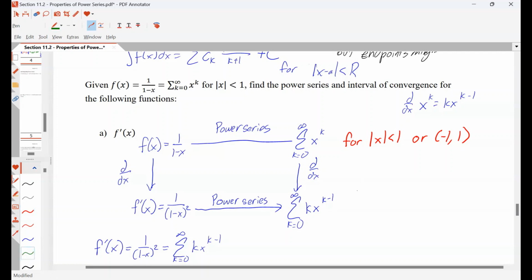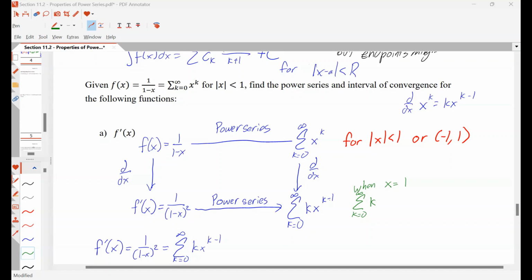When x equals 1, we have the series k equals 0 to infinity of k, and x to the k minus 1 is ultimately still 1. 1 squared is 1, 1 cubed is 1, 1 to the 100th is 1.